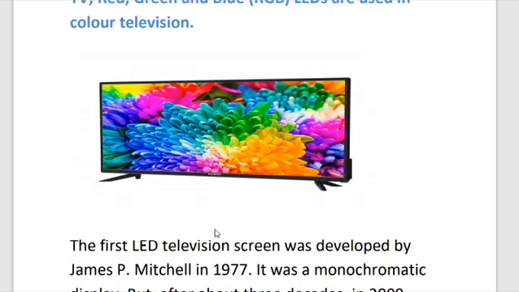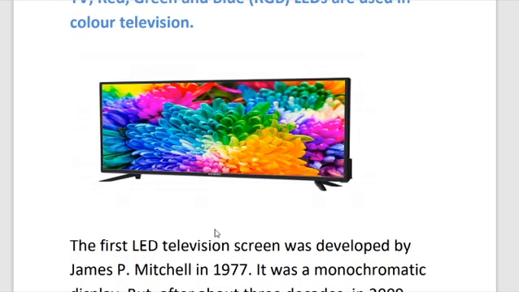An LED display uses LEDs for backlight and an array of LEDs acts as pixels. What is the meaning of pixels? Pixels means a minute area of illumination of a display screen. LEDs emitting white light are used in monochrome. Monochrome means only one color, like black and white TV.